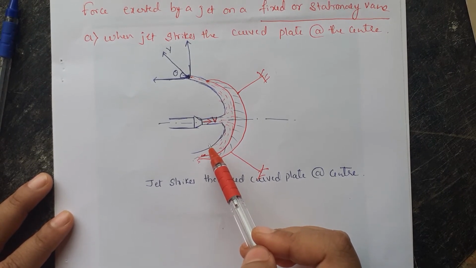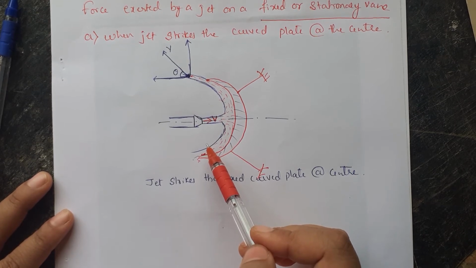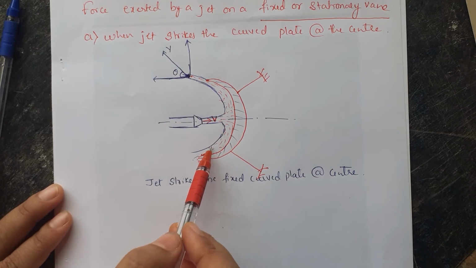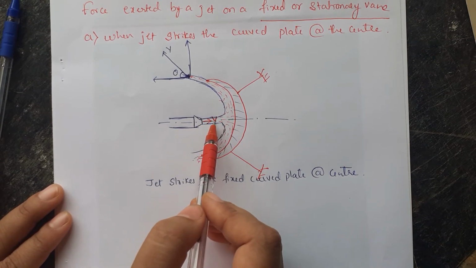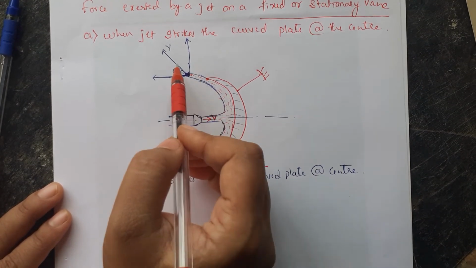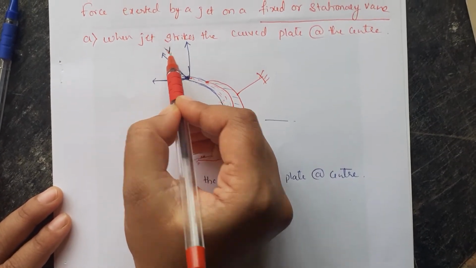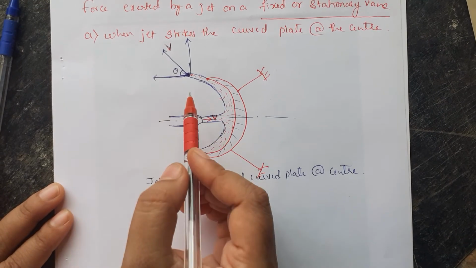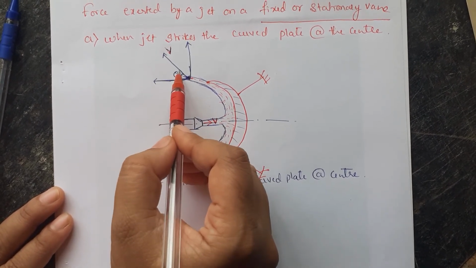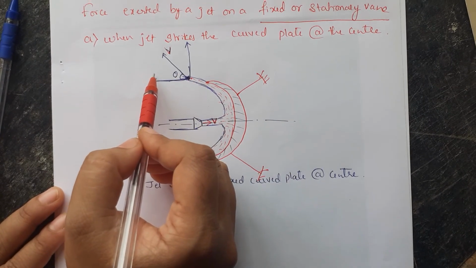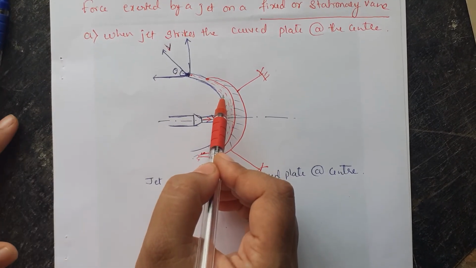So the velocity at the outlet of the plate can be resolved into two components. When the jet is striking, it has some velocity, and it comes out with another velocity, so let it be v. Since it is in the inclined position, it makes an angle theta with the horizontal when it comes out from the curved plate.